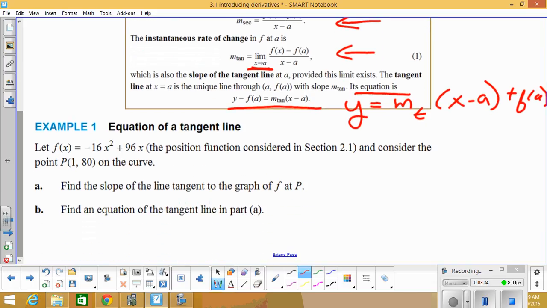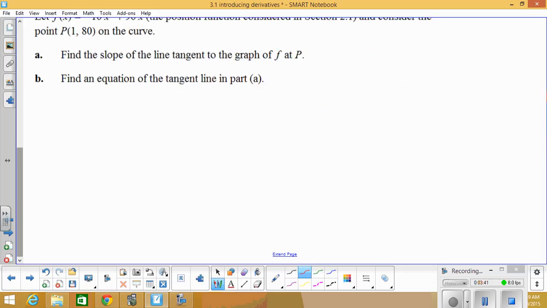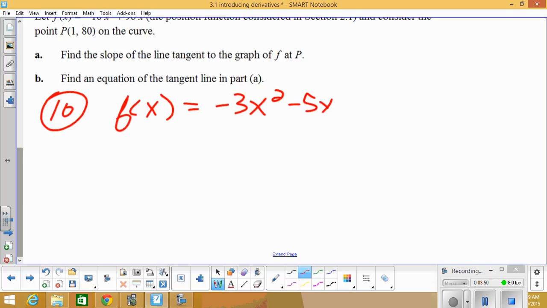All right, if you want to follow through in the book, I'm actually going to bring in another example, which is number 10 from the homework section. I'm given this equation, and at the point P, 1 and negative 7, I want to know the slope of the tangent line to the graph at this point, and then find an equation of that tangent line.